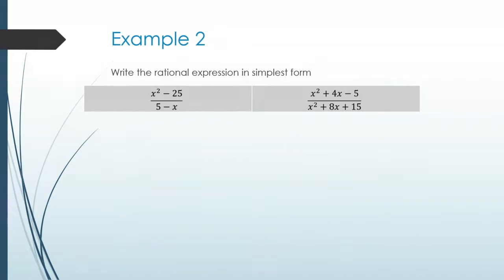Okay. So I've got a couple more examples here. I may actually have to split these up into 2 separate screens because I may run out of room. Okay. So we're doing the same thing. We're simplifying. So maybe let me start off with the domain before I start simplifying. So maybe that will help. So on the left, we have x squared minus 5 over 5 minus x.